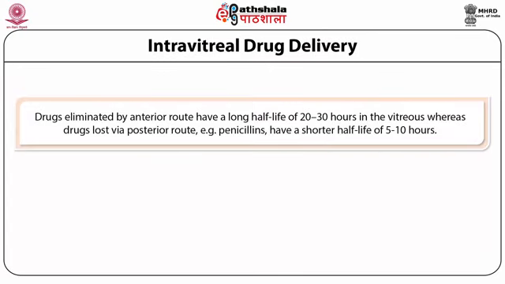Drugs eliminated by the anterior route have a long half-life of 20 to 30 hours in the vitreous, whereas drugs lost by the posterior route, for example penicillins, have a shorter half-life of 5 to 10 hours. Ocular inflammation, which causes the breakdown of the blood retinal barrier, decreases the elimination of drugs that are removed by active transport, and thus they reside for a longer period in the vitreous.